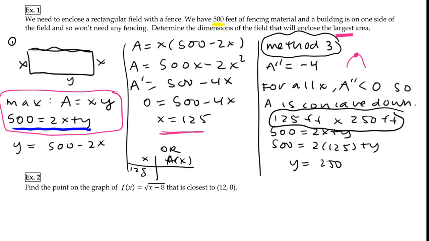Or you could put nothing here and take 500 and split it here, so your x could be 250. So that's 125, 0, and 250. And then you would sub those into A. So this is method 1, also works. Let me separate this. You could have done this if you wanted to. The notes have it all worked out online if you want to look at that. Okay, or if you want to ask more in class.